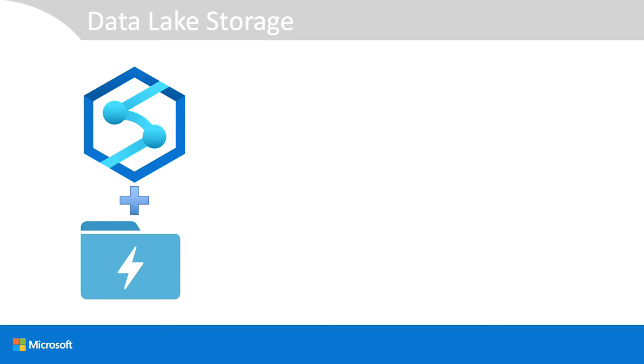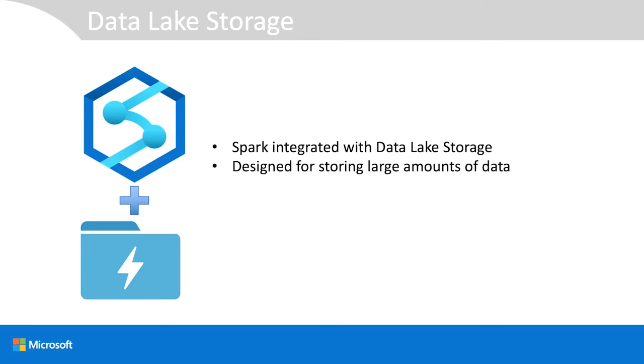Spark is also integrated with Azure Data Lake Storage, a service designed for storing large amounts of data. Data Lake Storage is designed for any type of data, not relational data. And data stored in Data Lake Storage is stored in containers, with each container typically used to store related data.